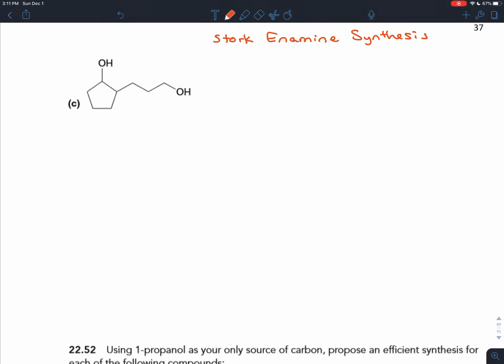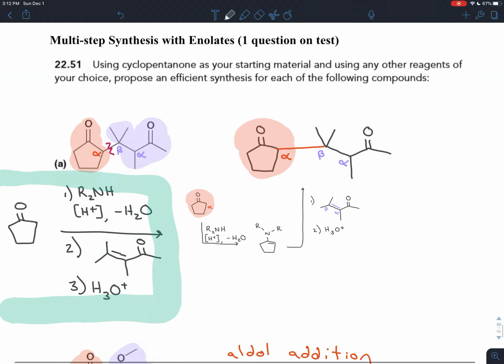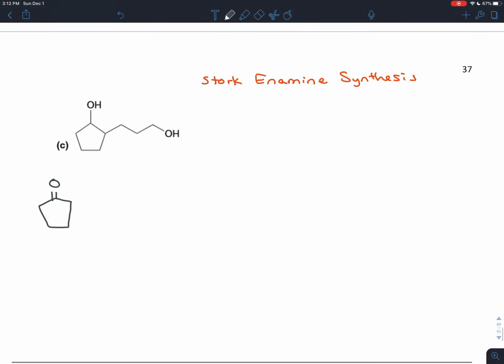And we know from the prompt for this exercise that we have to start with cyclopentanone. At the very beginning, this exercise says using cyclopentanone as your starting material. So we write cyclopentanone in.